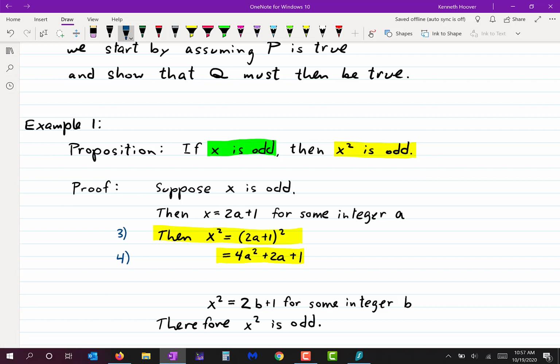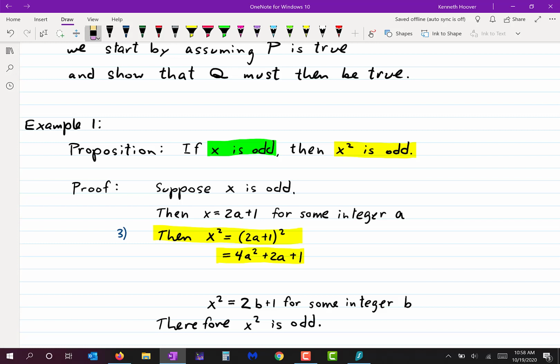You have to understand that if you write it like that, which is okay, that is still one line. It is line number 3 of the proof. And it says, then x squared equals 2a plus 1 squared, which equals 4a squared plus 2a plus 1. Do you see that? And did you hear the word which? It's very important. I'm going to read that line to you out loud.